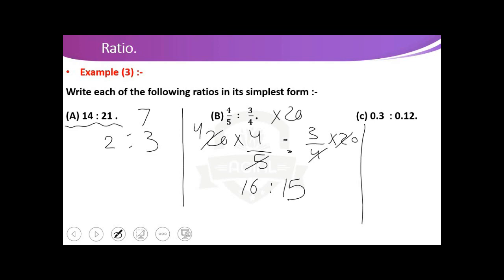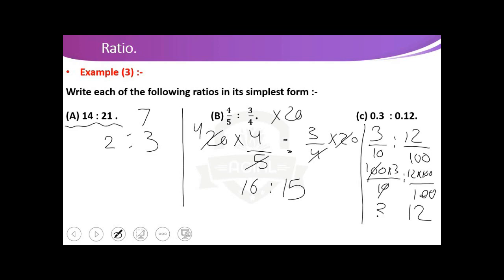The last one is 0.3 to 0.12. 0.3 means 3 over 10 and 0.12 means 12 over 100. So we can multiply both terms by 100. 100 over 100 equals 1, 12 times 1 equals 12. 100 over 10 equals 10, 10 times 3 equals 30.